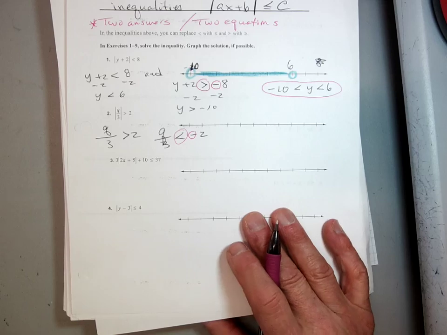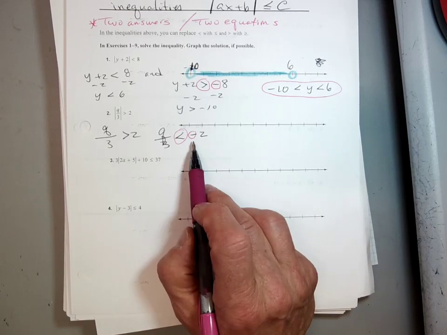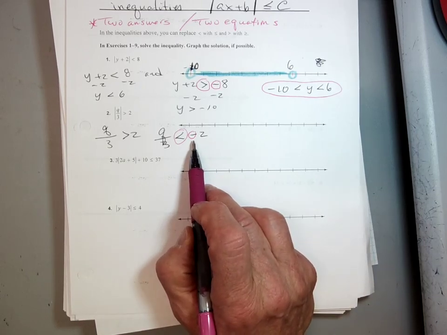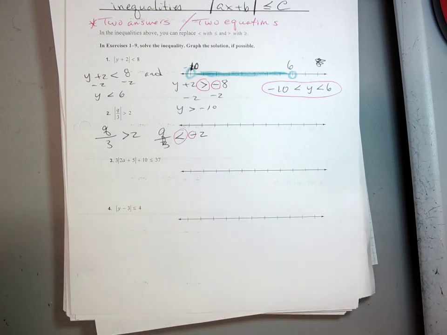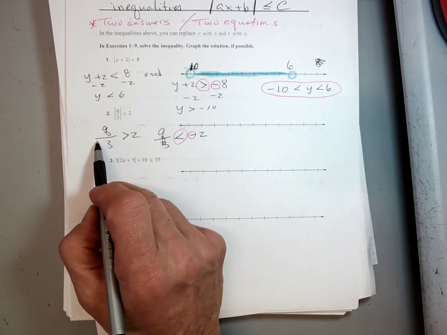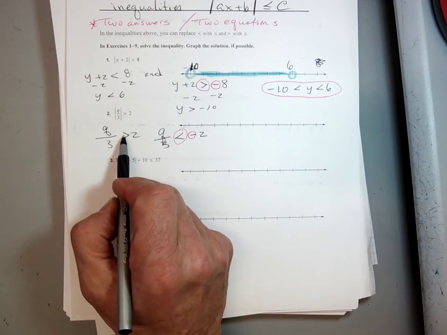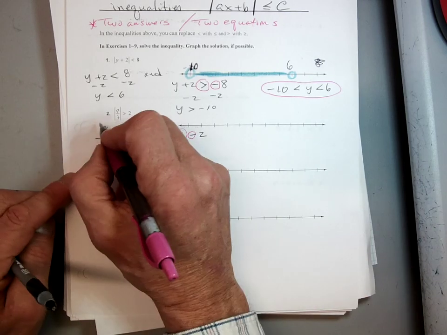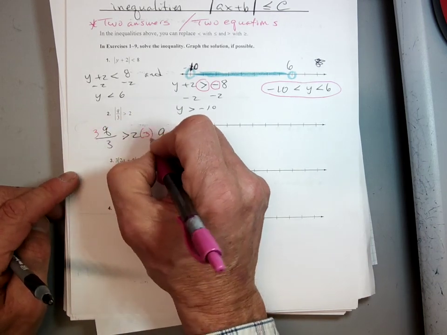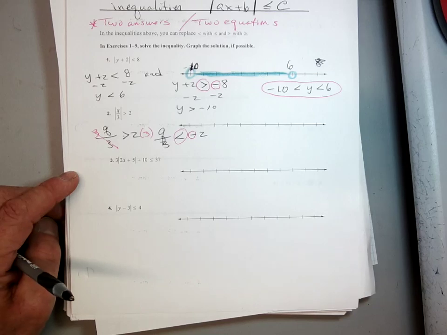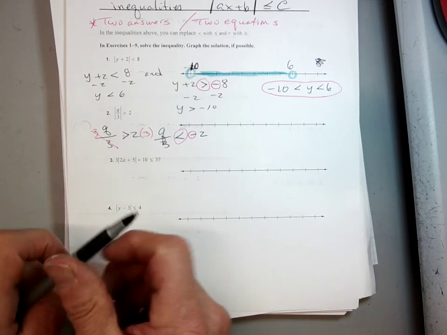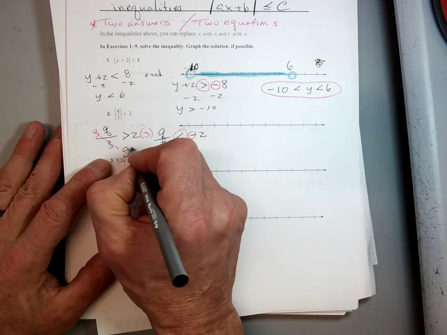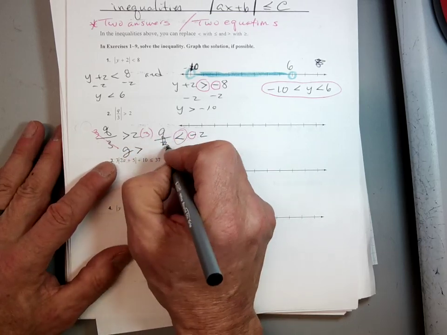I did 2 things. Okay, now I'm going to solve. I'm going to undo it, and the opposite of divide by 3 is just to multiply by 3. My 3's cancel, right? Multiply by 3, and I get an answer of q is greater than 6.